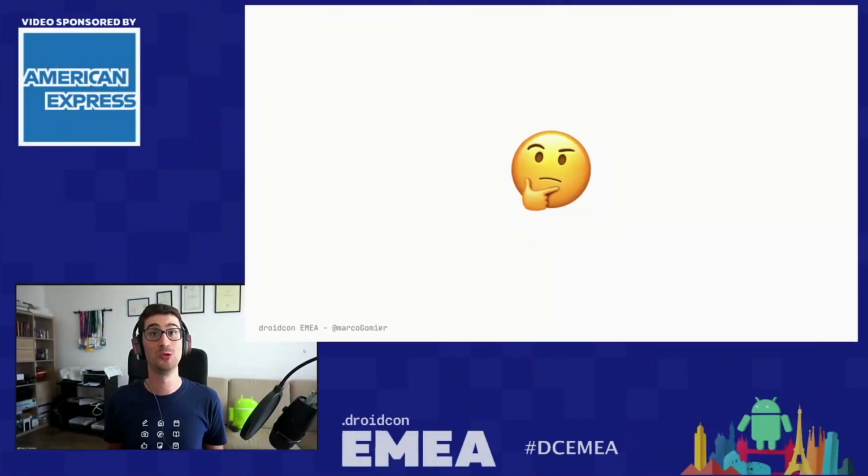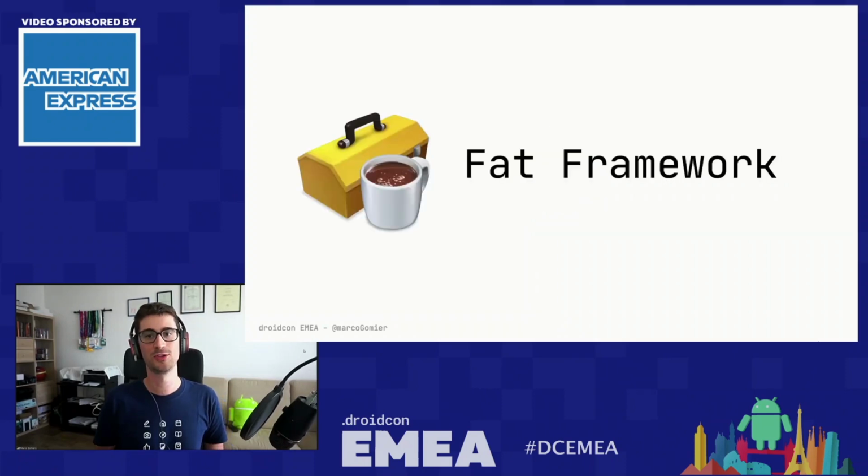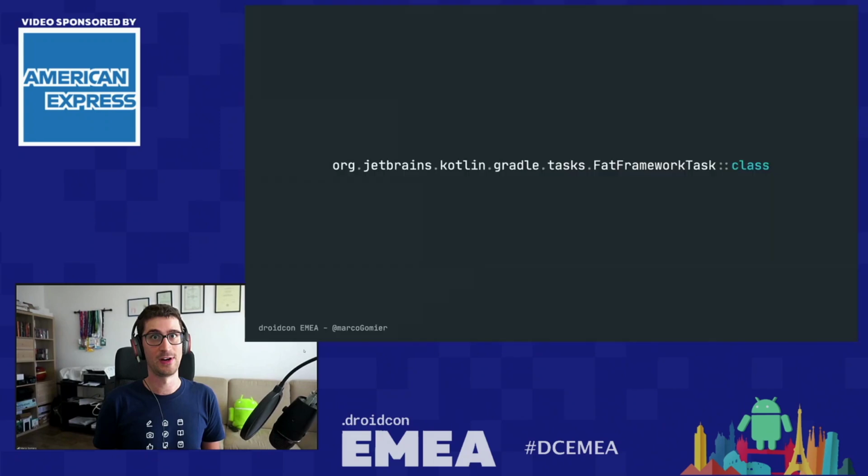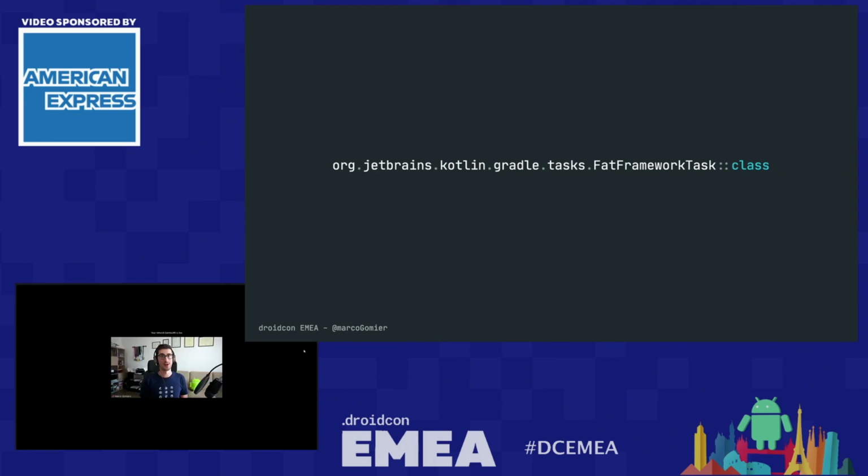And how to do it? Well, fortunately, there is the FAT framework. And publish it. So it was a good idea to follow. And in fact, there is also a Gradle task to create a FAT framework.